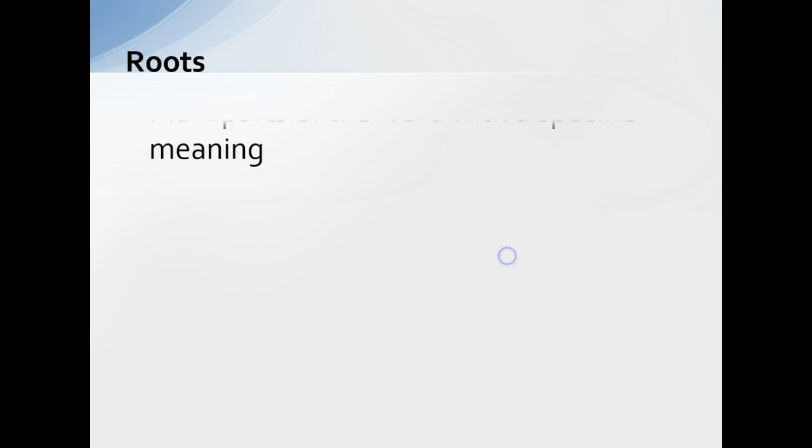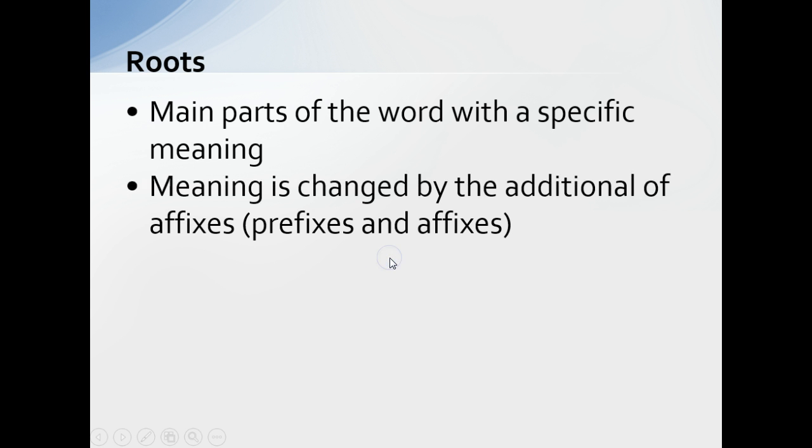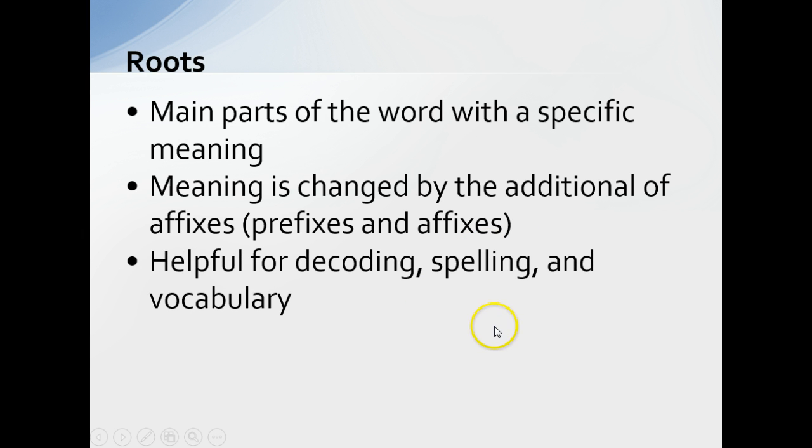So roots are the main parts of the word with a specific meaning. Meaning is changed by the addition of affixes, prefixes, that should be prefixes and suffixes. Sorry guys. And they are helpful for decoding, spelling, and vocabulary.